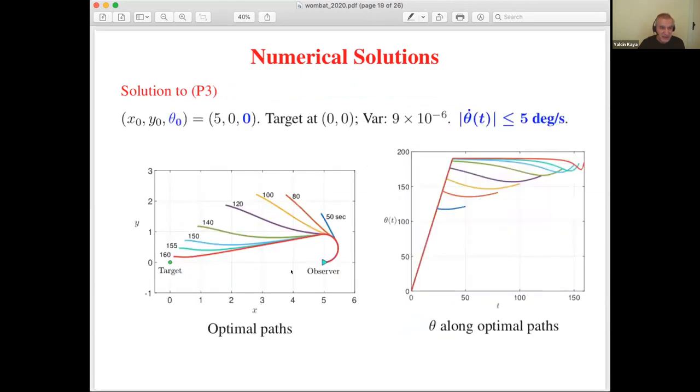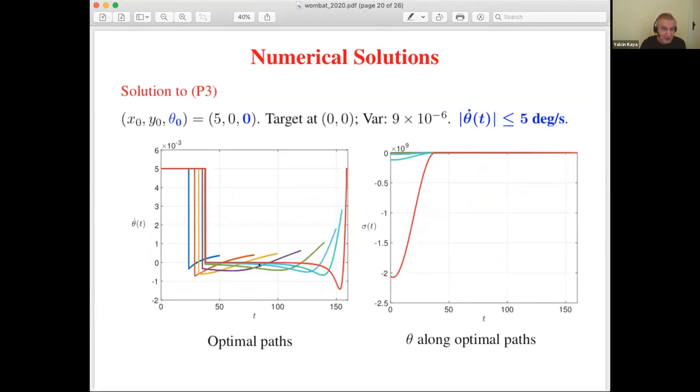So in the next case, we look at the same positioning of the observer and the target, but we impose a constraint on the turning rate, 5 degrees per second, and the observer is pointing in the opposite direction, 0 degrees, and then we get this kind of angle profile. As you can see, the angle is changing much more mildly.